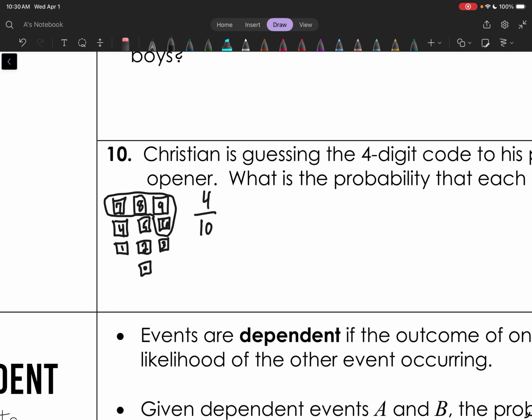The reason why I tell you to draw the pad, I've noticed with students previously, they'll say this is 4 over 9, which is incorrect. All right, this is 4 digits. I'm going to raise this to the 4th power.